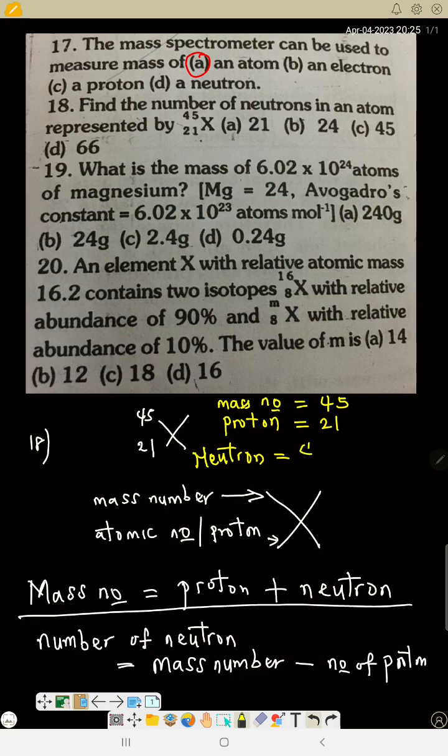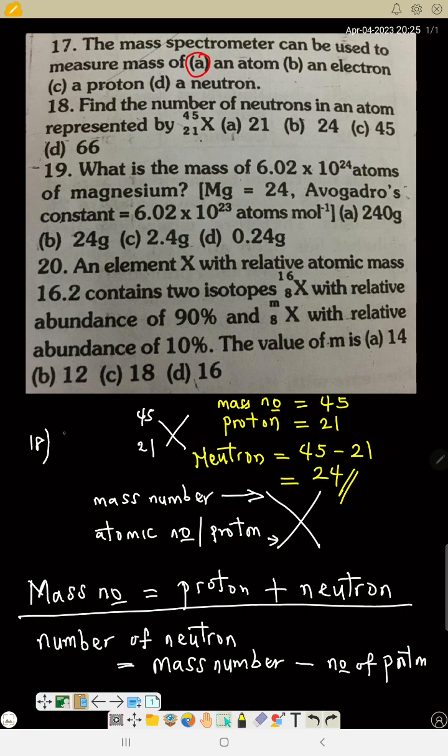That means 45 minus 21, so that is 24. So the number of neutron is 24. So the correct option is B, 24.